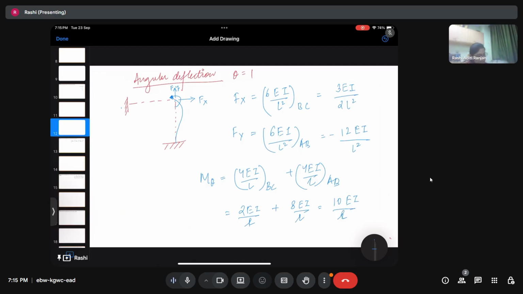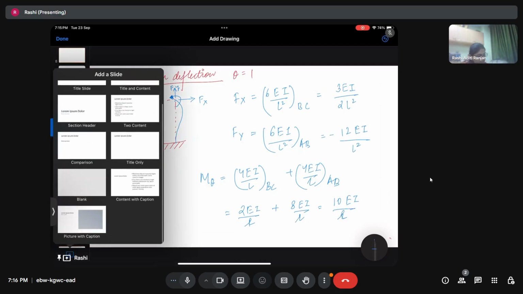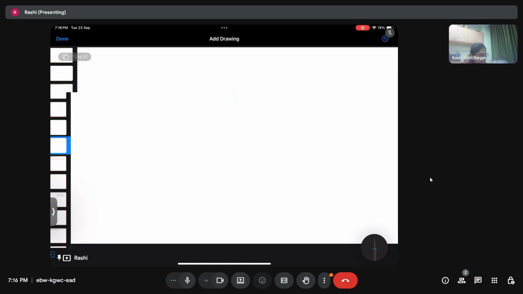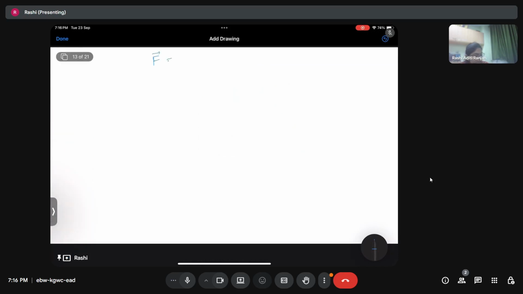Now if we write the equation, it is going to be F is equal to K into X. F of X, F of Y, M, and then we have X vector as X, Y, theta.